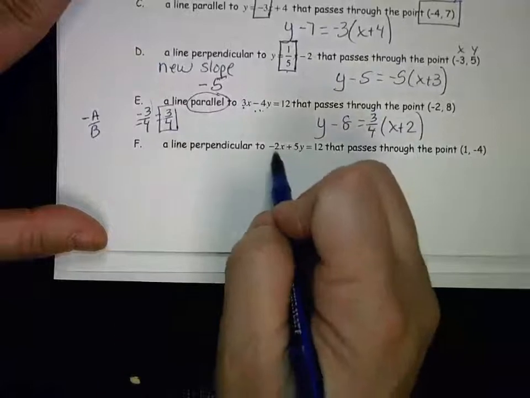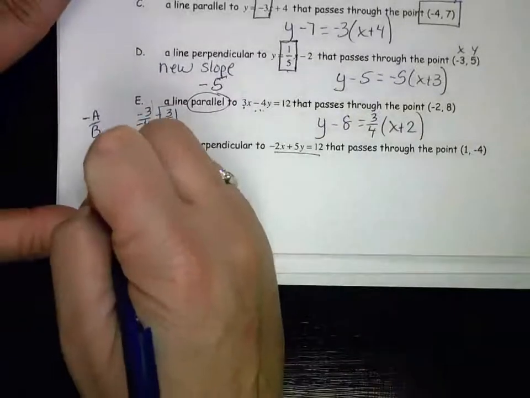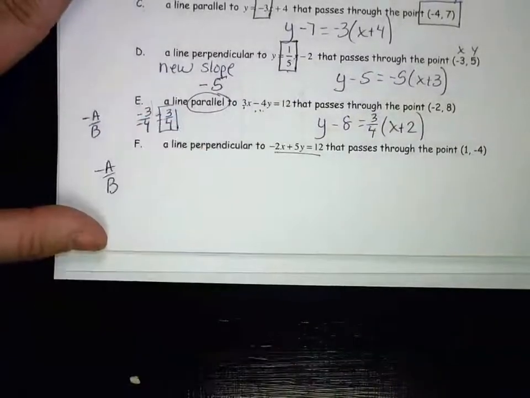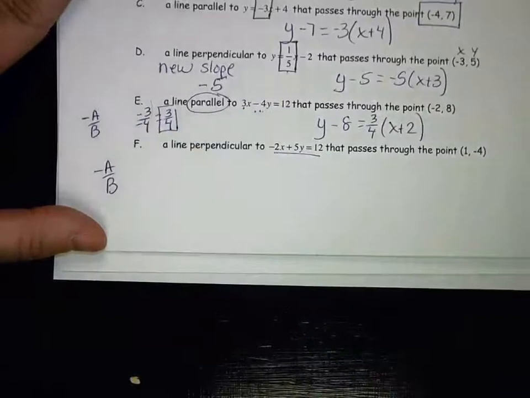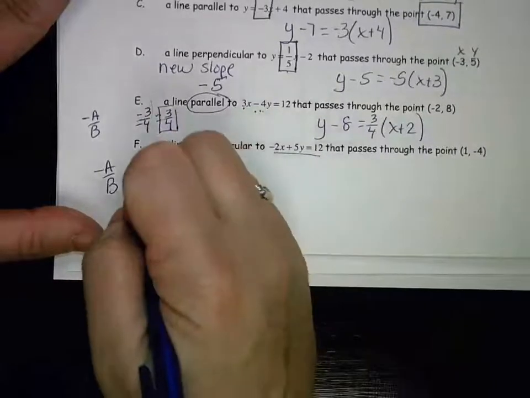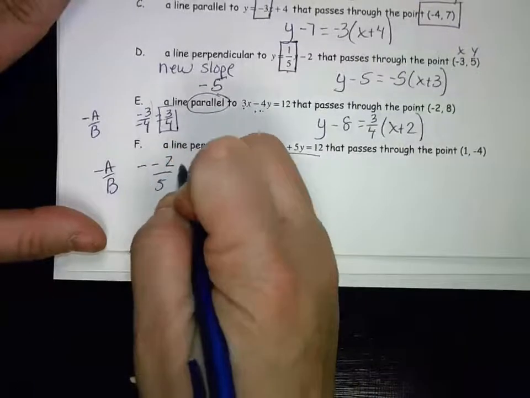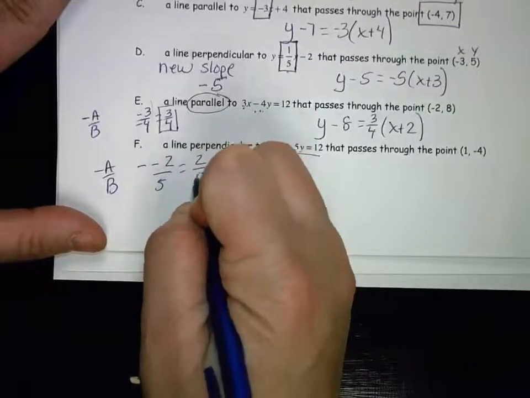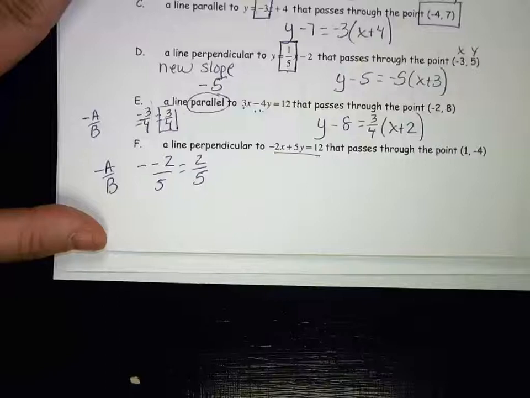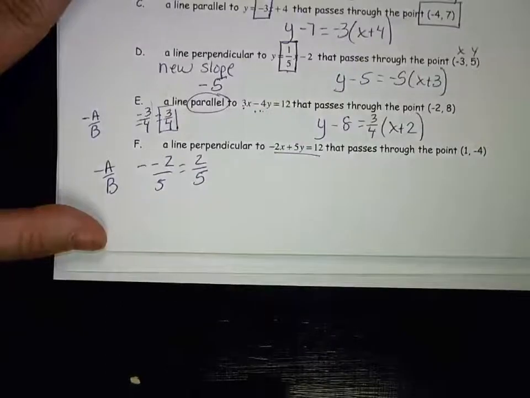And letter F is the same way. That line is in standard form. So the slope of this line will be negative 2 over 5. The slope of that line is 2 over 5.